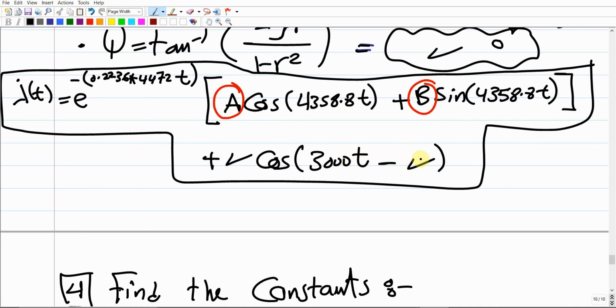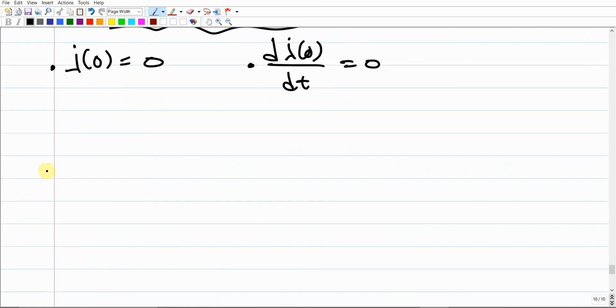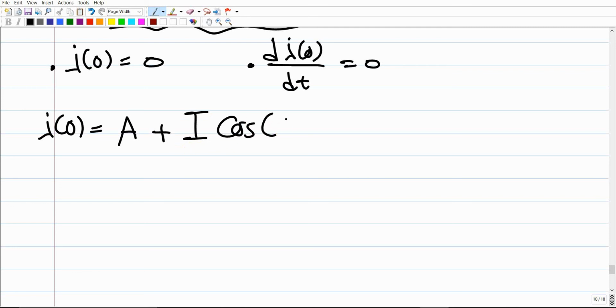The cosine gets rid of the negative sign. So I of 0 in this equation will be A plus the steady-state amplitude I times cosine psi. This should be 0 according to the condition, because I of 0 should be 0.